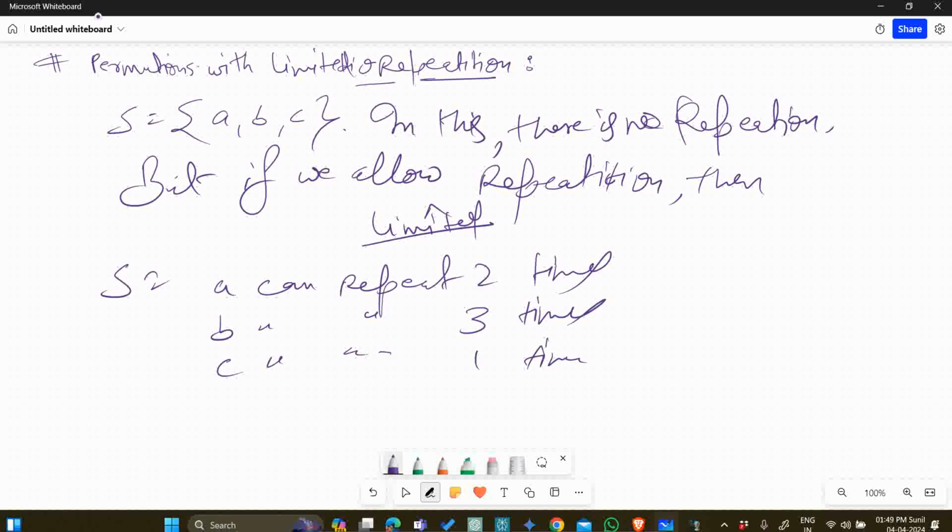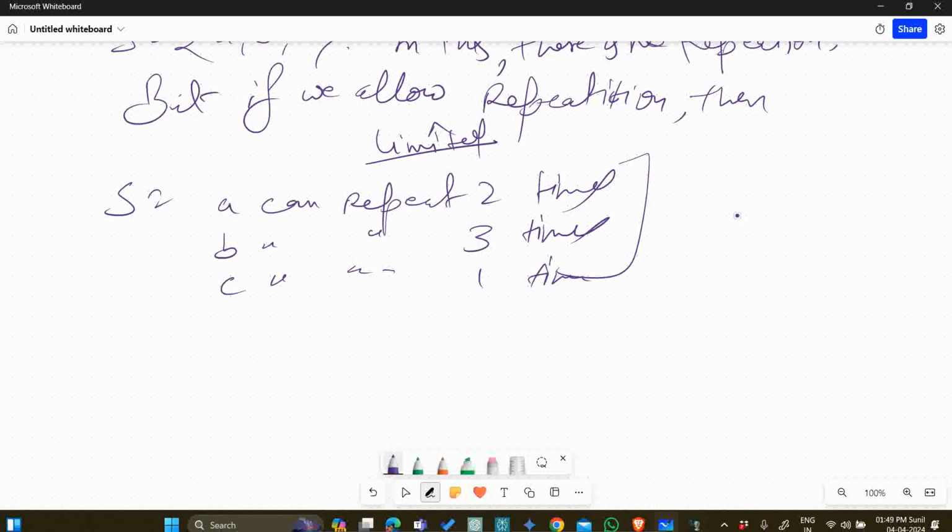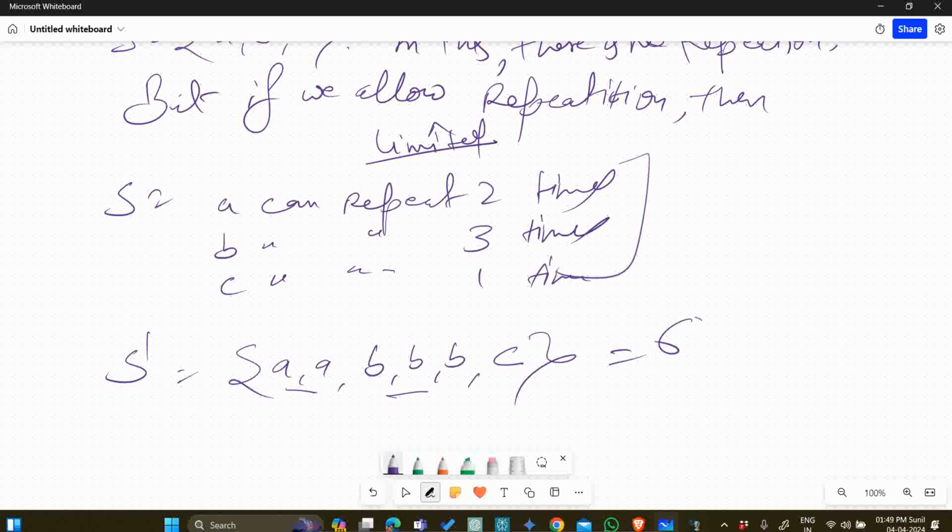How can we represent it as a set? Let's say S dash is the set where A can repeat two times, B three times, and C only one time. So it has how many elements? Two, three, five, and six. Six elements.